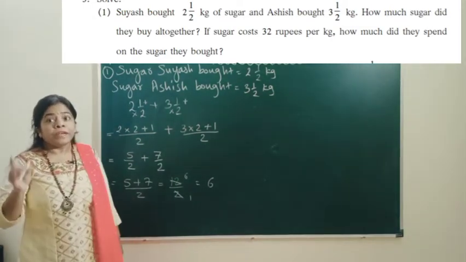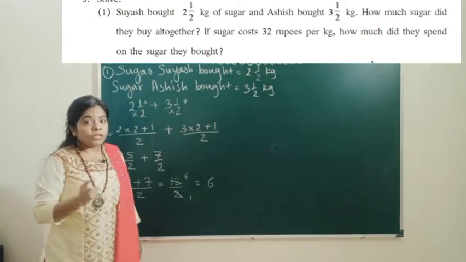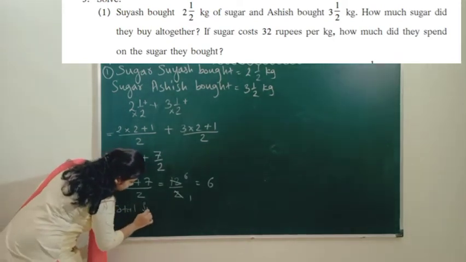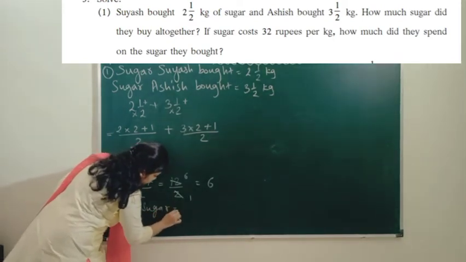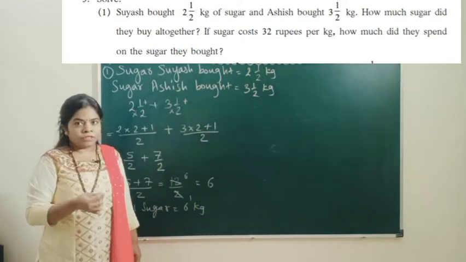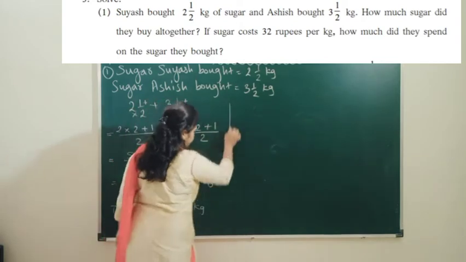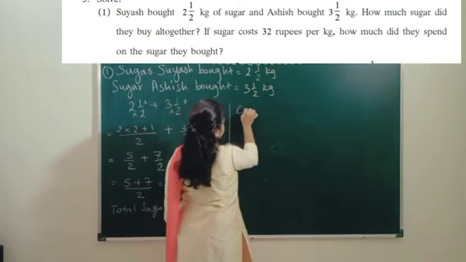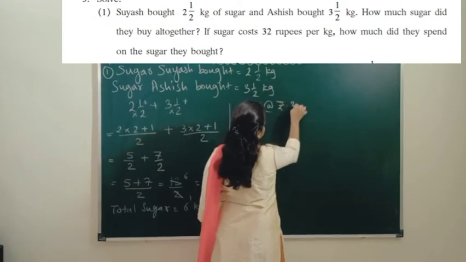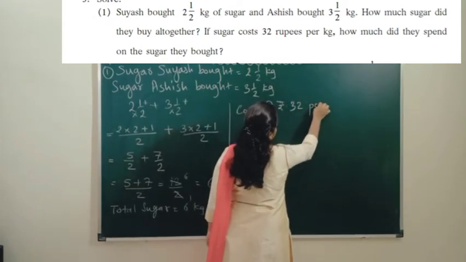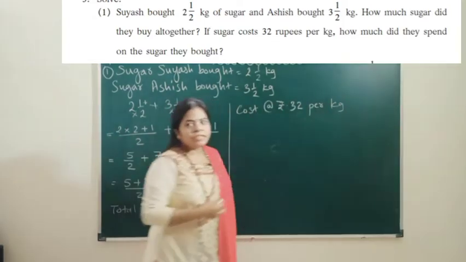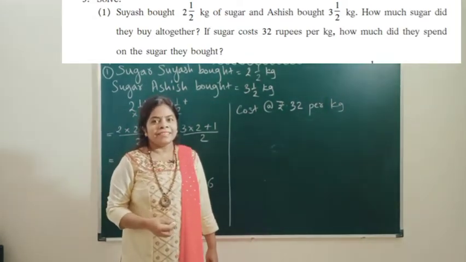Now we have to find the cost. Total sugar, now we will find the cost. Cost at rupees 32 per kg.